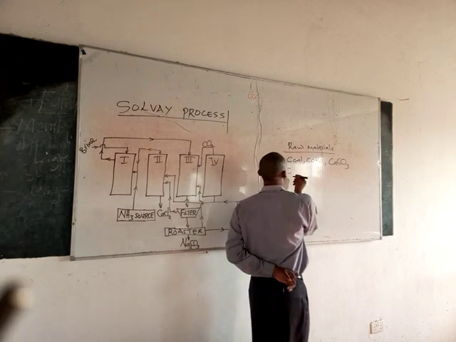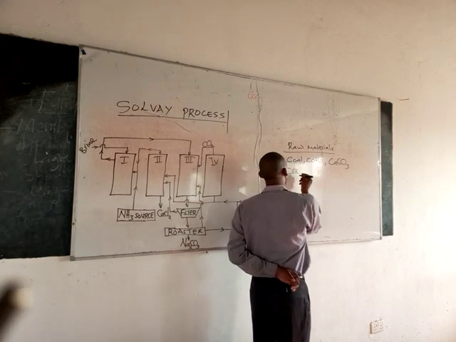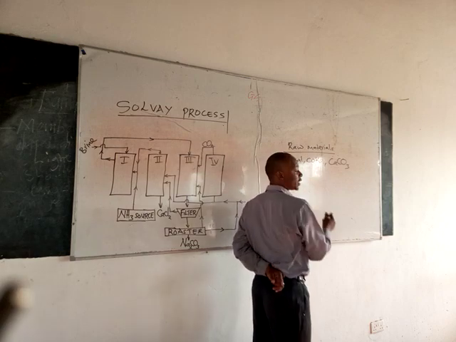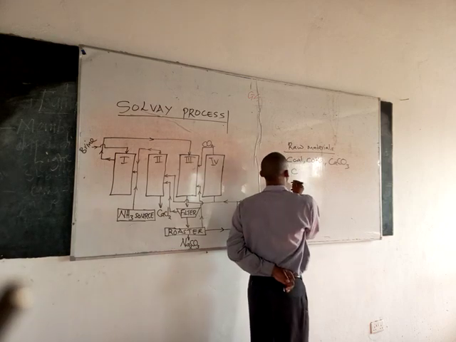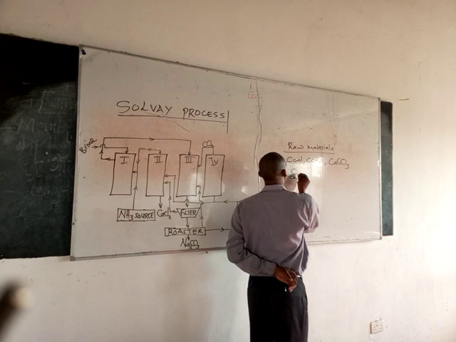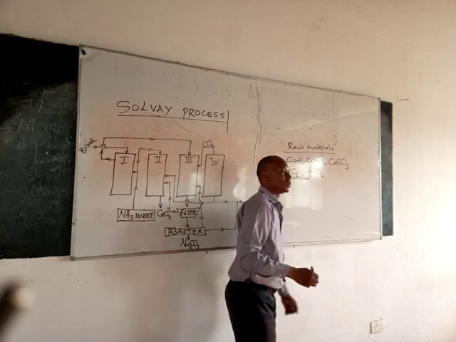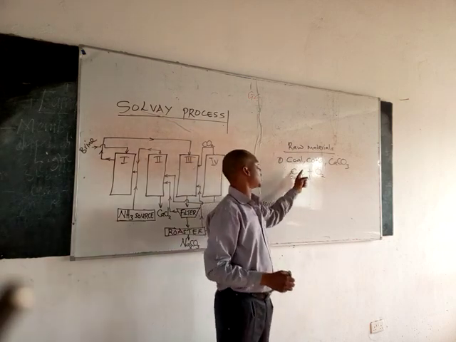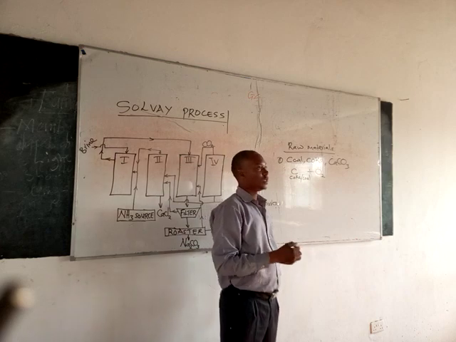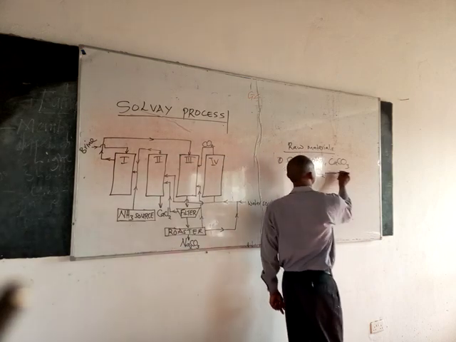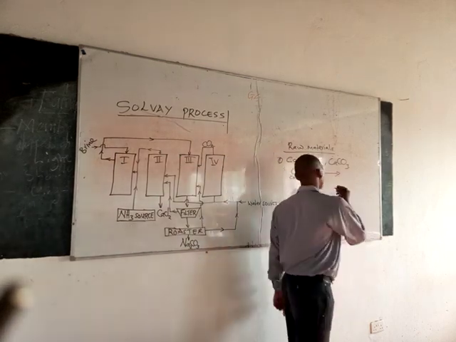When you burn coke, which is rich in carbon, or coal, a substance that is rich in carbon, then when it is burnt in presence of oxygen, it gets oxidized to carbon 4 oxide.